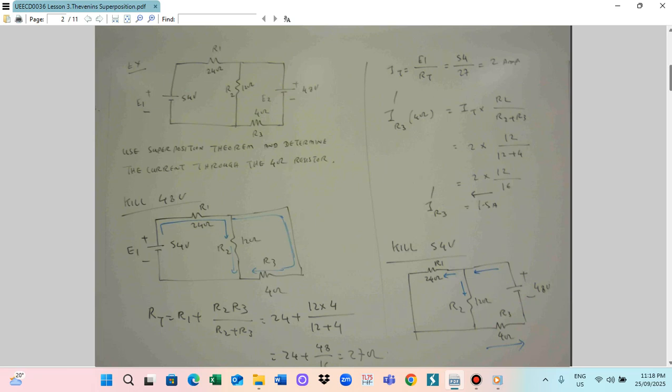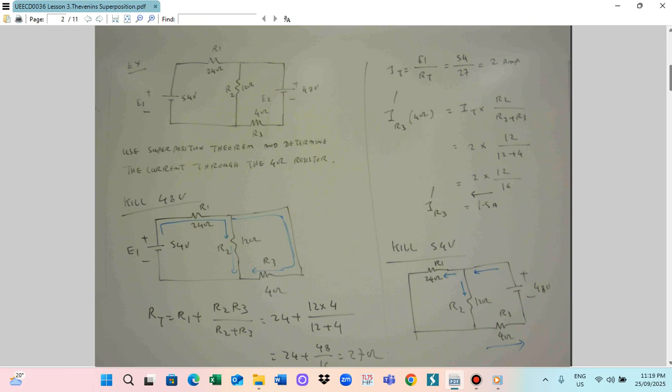Firstly, you scale the 48 volt source. Scaling the 48 volt source means short circuiting the 48 volt source, so only E1 is left. E1 is 54 volts here, R1 is 24 ohm, R2 is 12 ohm, and this short circuit is E2.